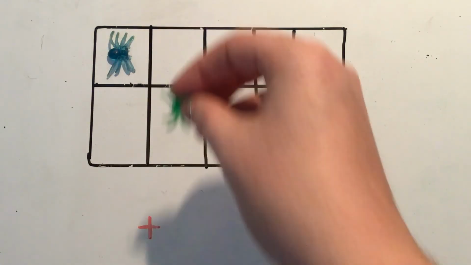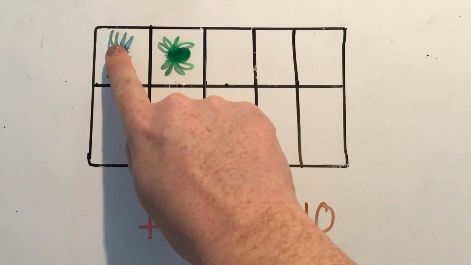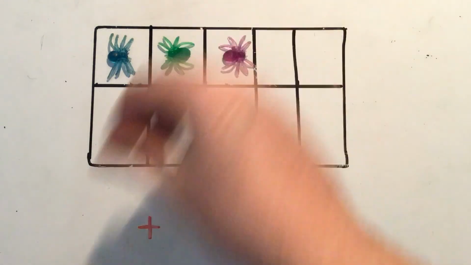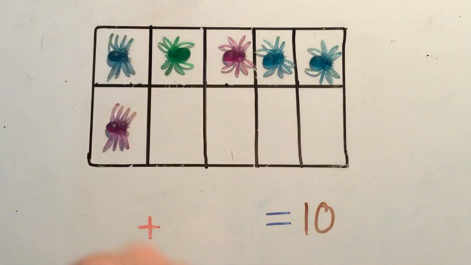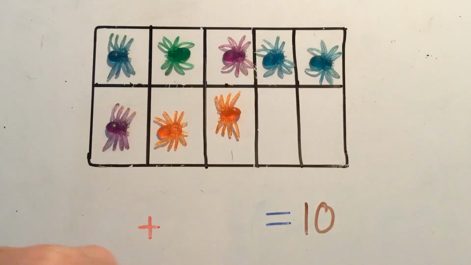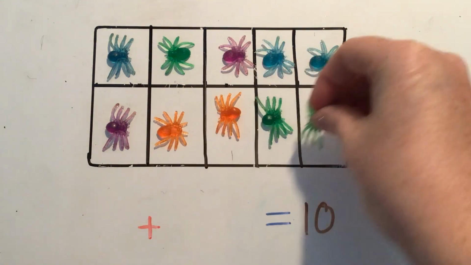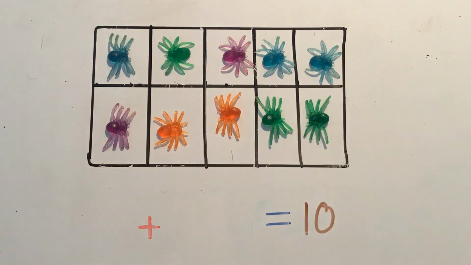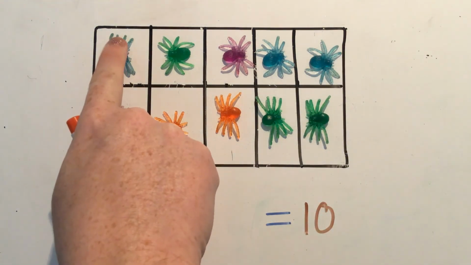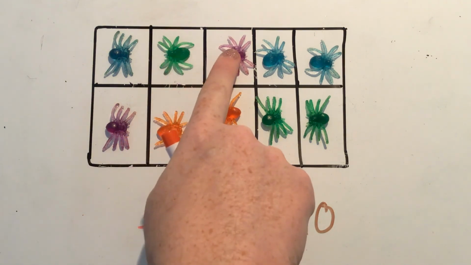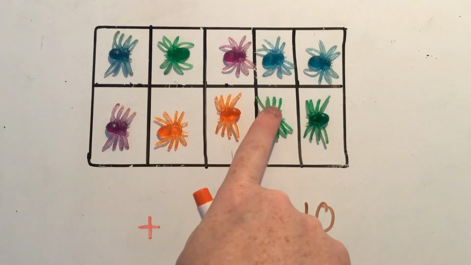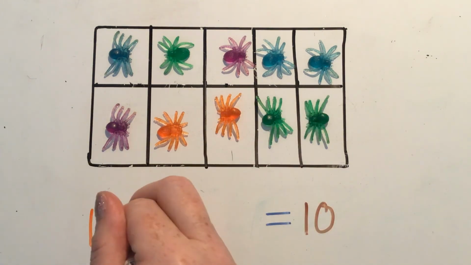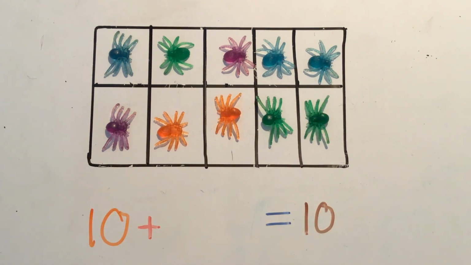So I'm going to put 10 spiders on our tens frame. 1, 2, 3, 4, 5, 6, 7, 8, 9, 10. Whoa, let me count again to make sure. 1, 2, 3, 4, 5, 6, 7, 8, 9, 10. Yes, there are 10 spiders on our tens frame.